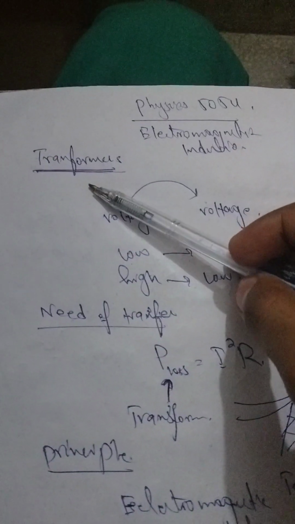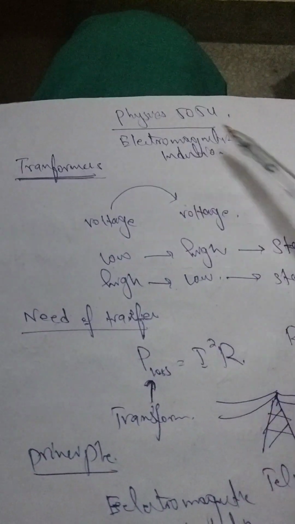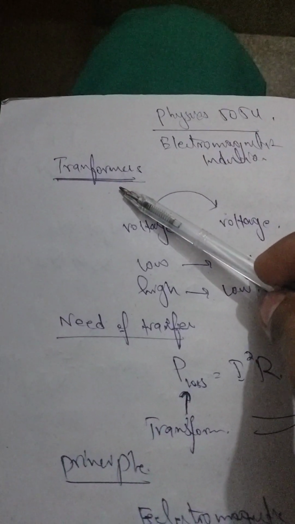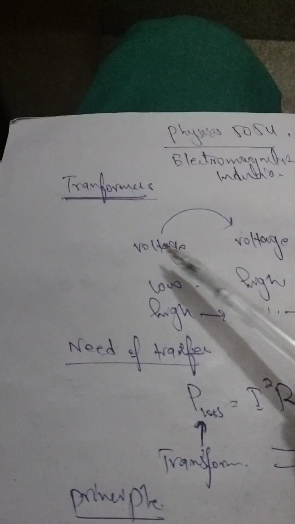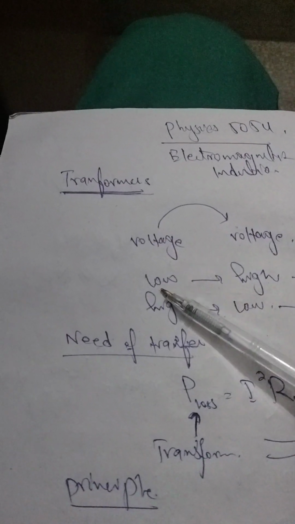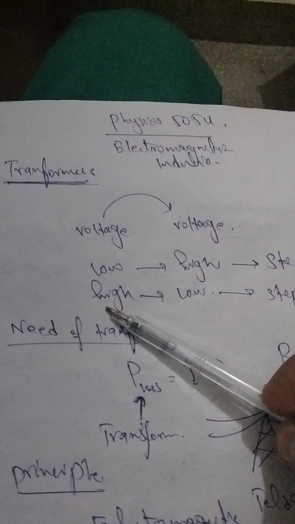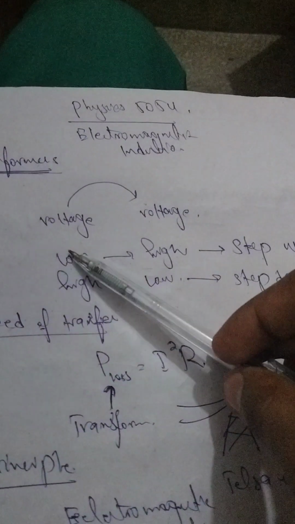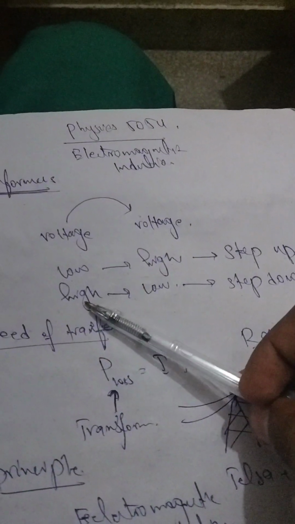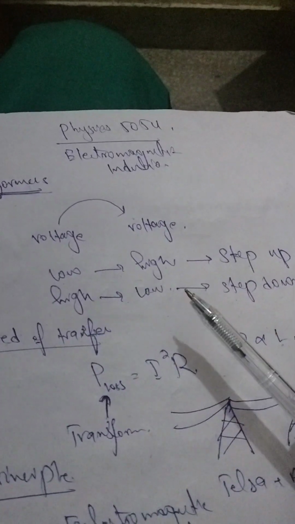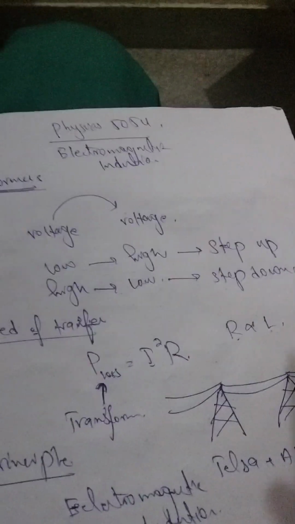So we are covering a topic of electromagnetic induction, which is the transformer. As the name refers, a transformer transforms the voltage in two manners, either from lower to higher or higher to lower. If it converts lower to higher, it will be a step up transformer, and if it converts higher to lower voltages, it will be a step down transformer.